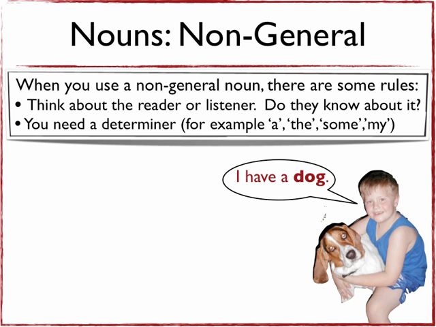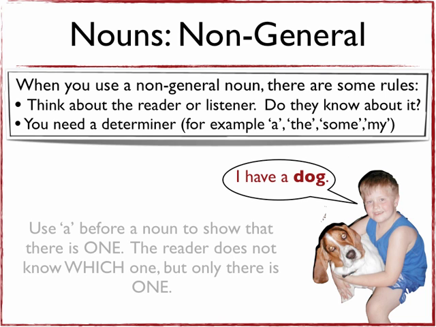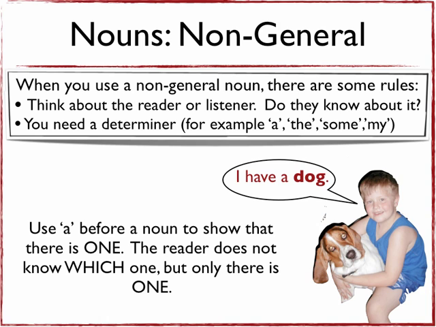In the sentence, I have a dog, we use the determiner a. A shows that we have one dog, but the reader or the listener does not know which dog. They only know that there is one dog.